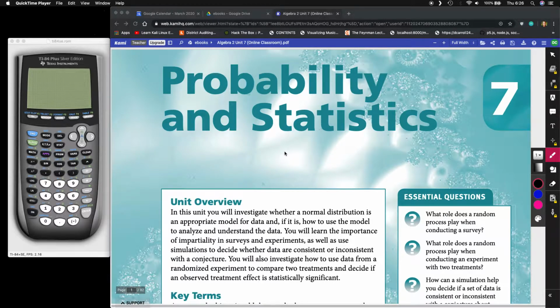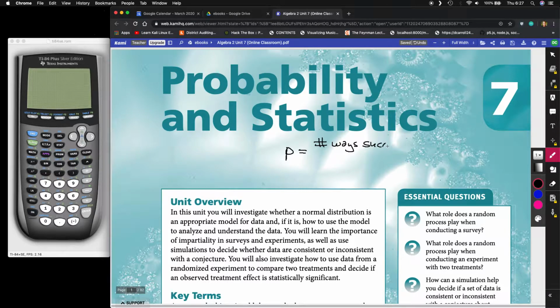So if you're ever calculating probability, P is equal to the number of ways to succeed divided by the total number of outcomes.